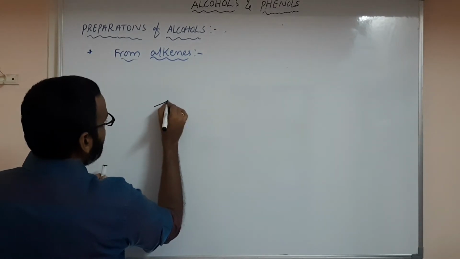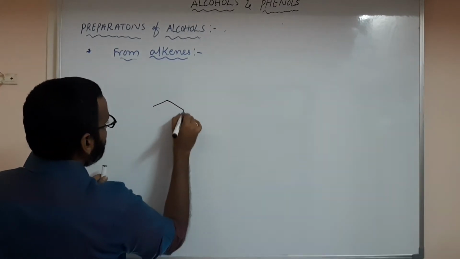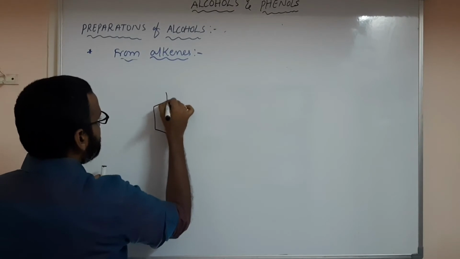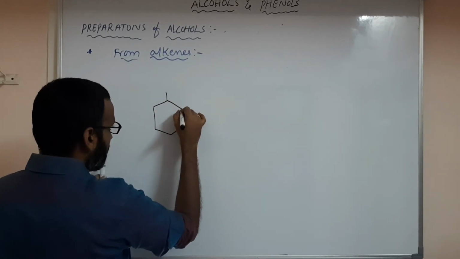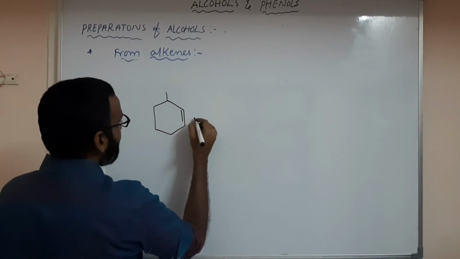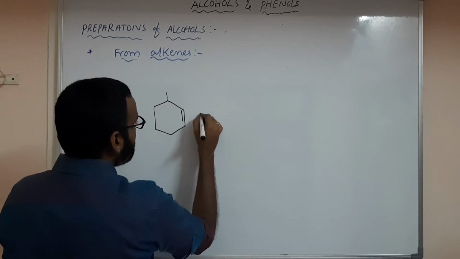Please write it down. Suppose I write C6H5 here and a double bond here. Of course both are the same.